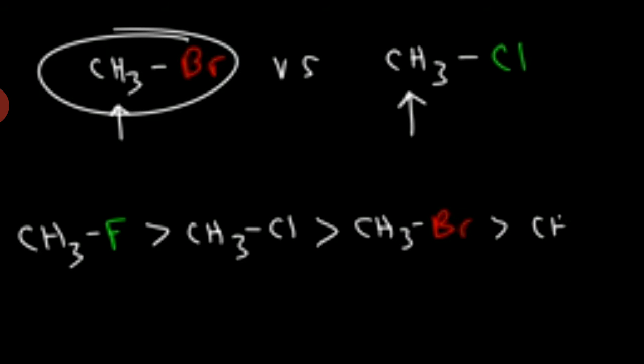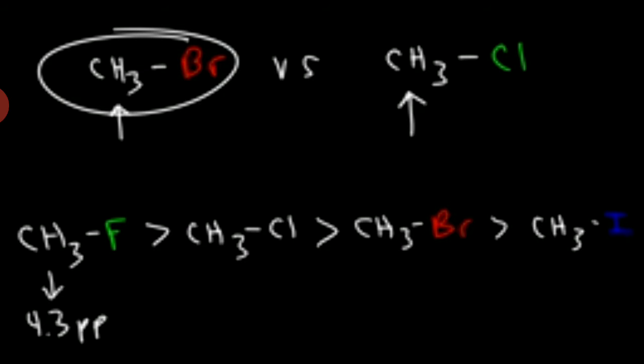Now amongst the halogens, methyl fluoride, methyl chloride, methyl bromide and methyl iodide, this will be the sequence of chemical shift. The protons of CH3F will appear at higher chemical shift values, while the chemical shift of methyl iodide will be lower.